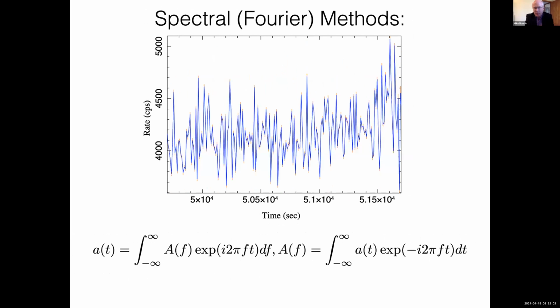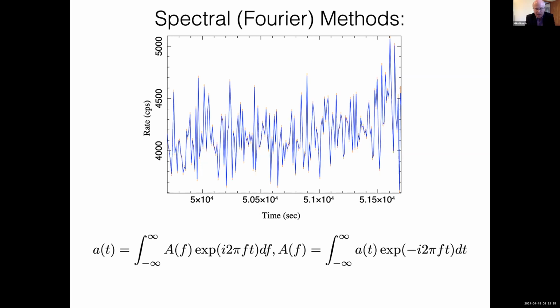The most common method that you'll find in astrophysics, especially X-ray astrophysics, is to start talking about Fourier methods, breaking down this variability into its component timescales via the use of Fourier transforms. So for a continuous infinite light curve, a Fourier transform is just a transform from the time domain to a frequency domain.